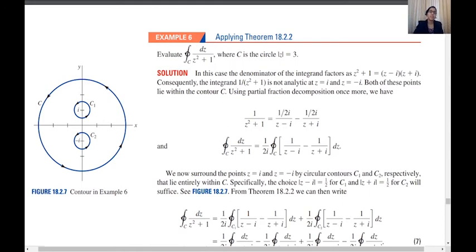Clearly these 2 points lie inside our contour, because our contour is a circle of radius 3 centered at the origin. So what we do is we consider C1, a small contour with i as center, and C2, another contour, a circle with minus i as center.